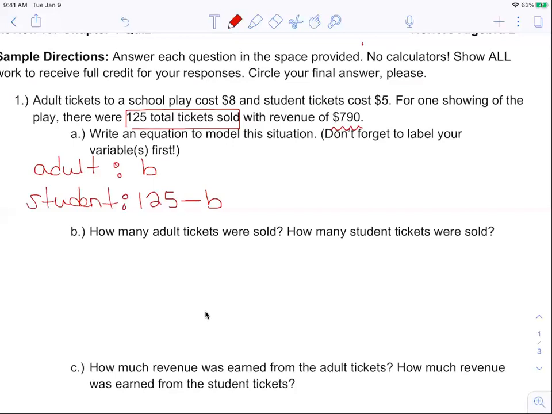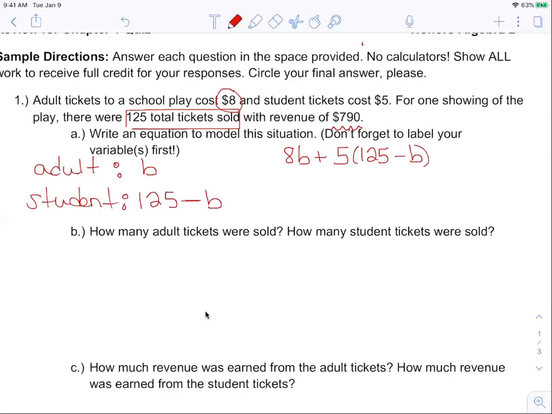So now we're going to try and create an equation. We have the variables labeled. We have our information over there. The adults were $8, so that goes along with B. The students were $5. Well, students are 125 minus B. Again, trying to keep one variable because we're writing one equation.